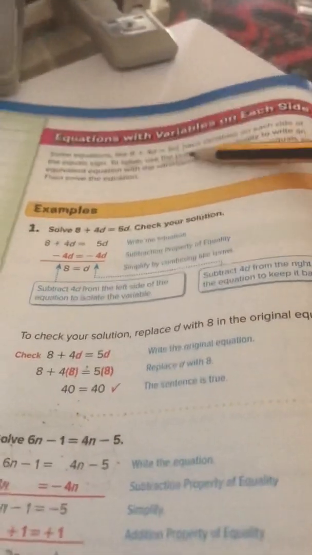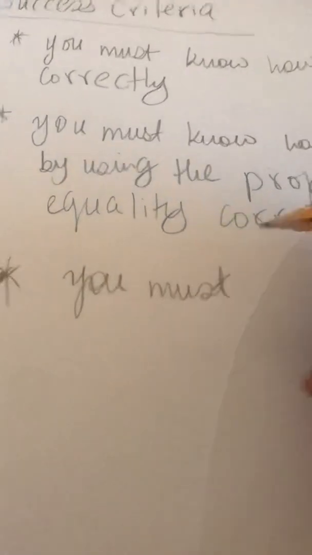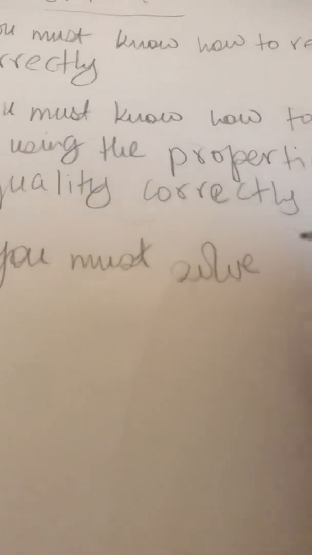There is no method for moving over. Please do what the question says. You have to use property of equality. You must solve correctly.